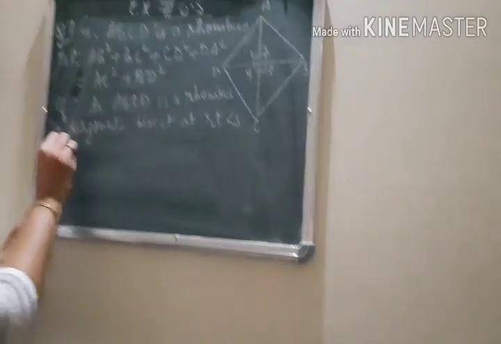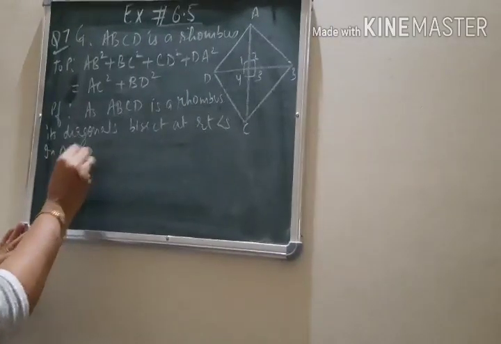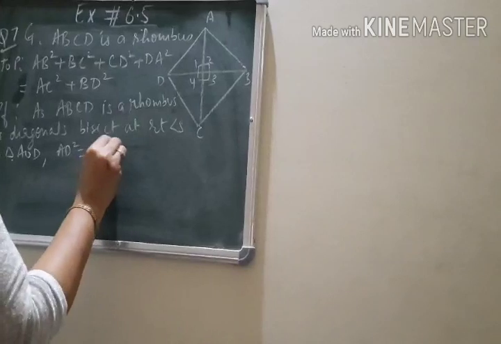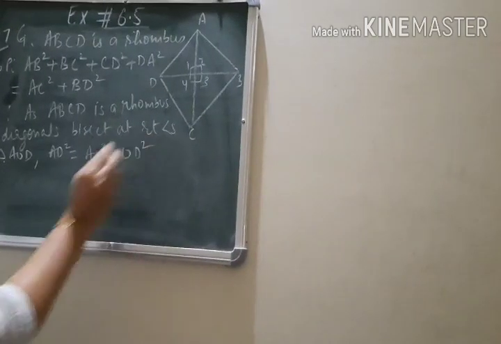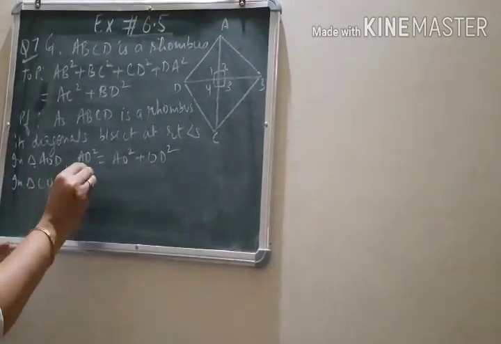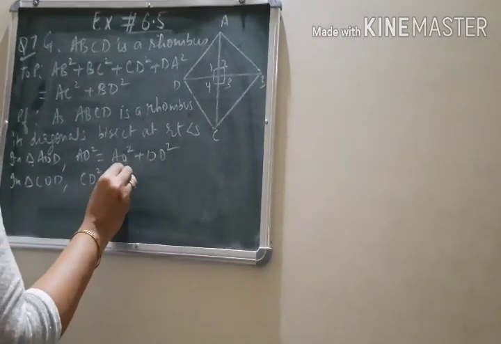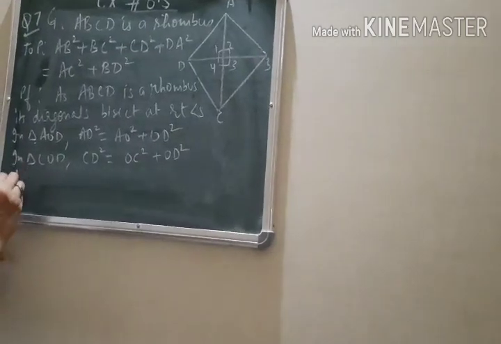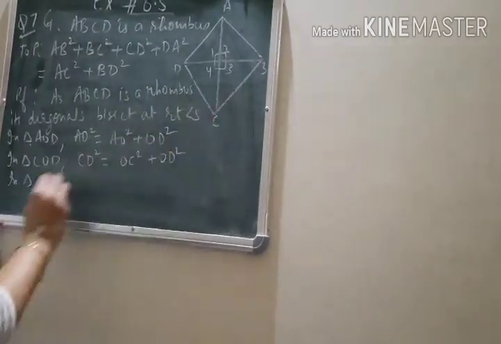So in triangle AOD, AD square is equal to AO square plus OD square. Take next triangle COD, it will be CD square is equal to OC square plus OD square. Take the next triangle, which is the next one? BOC.